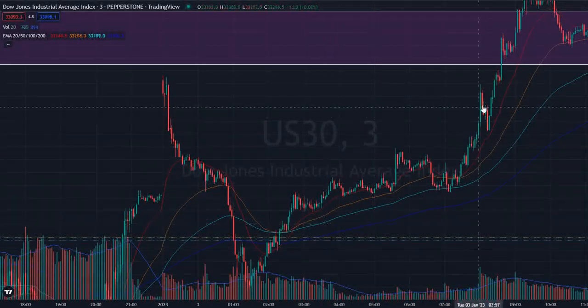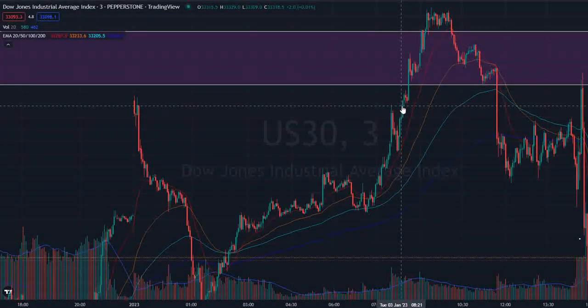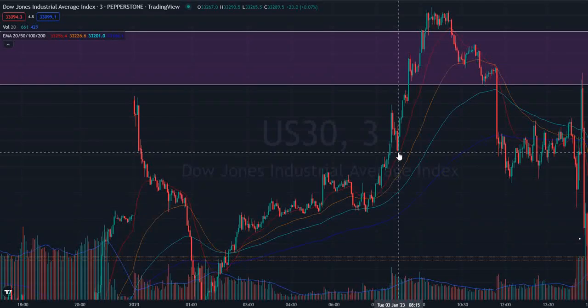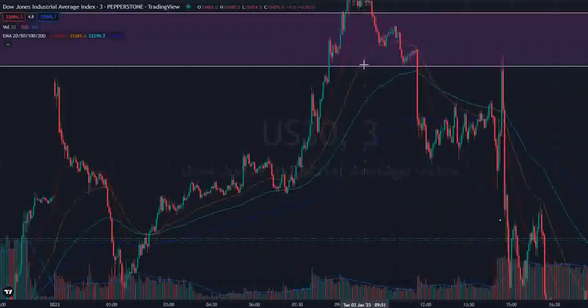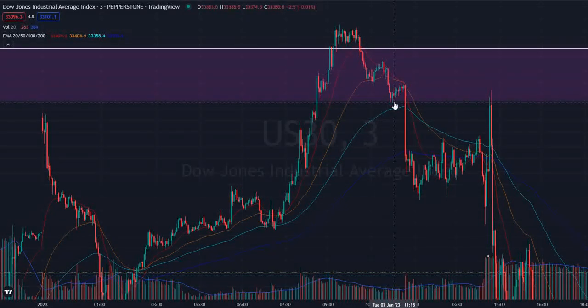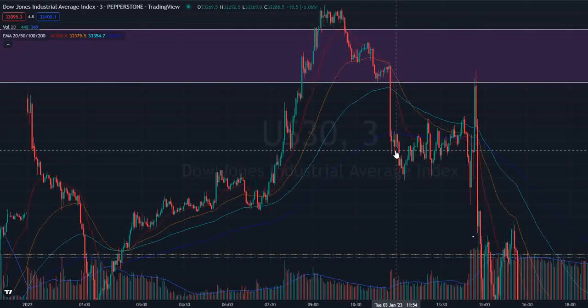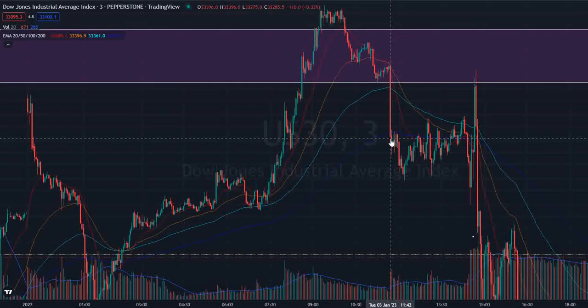But you just ride it along. Even here, where we got rejected, we came back down and pushed up all the way here, consolidated, and then dropped down. We're currently here, and we drop down even further.